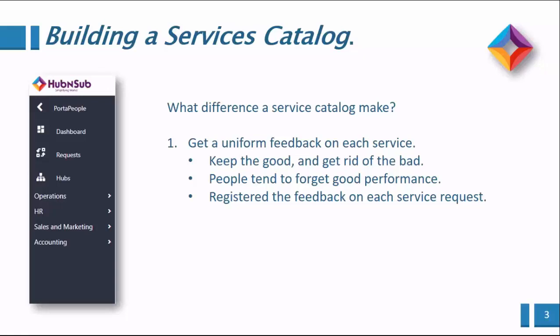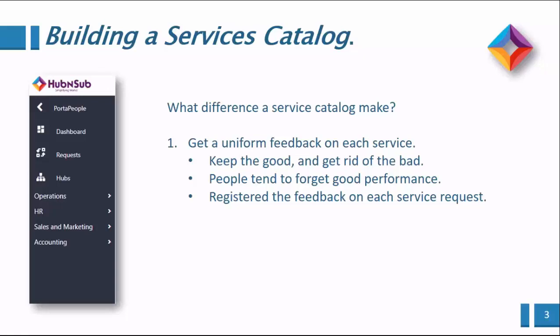Uber is a service provider. They provide taxi services using a digital tool, the Uber software itself. And they use it in such a smart way, where they take the feedback and utilize it. They use the software and the feedback to keep the good drivers and get rid of the bad ones.